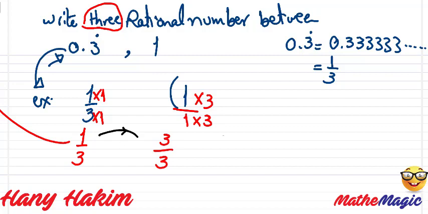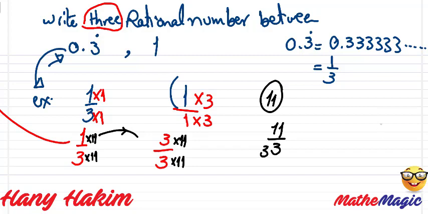أنا هختار number like 11 because I prefer that 11 to multiply each fraction by that 11. So the numbers will be 11 over 33 and 33 over 33. So I can find a lot of numbers between 11 and 33.